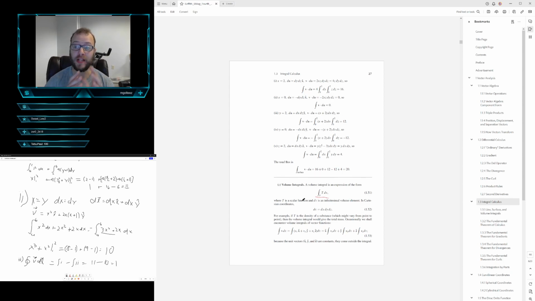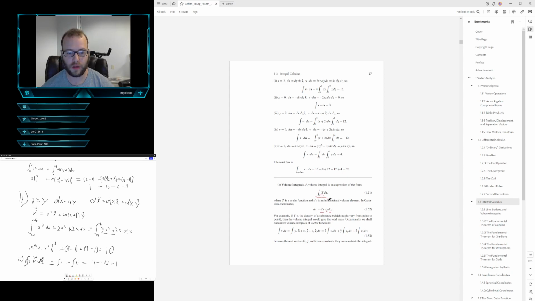So if the mass is changing, some non-homogeneous fluid or something like that, then this is solved like any other volume integral. You have your function, and you just integrate over x, y, and z. It's a triple integral. It's very straightforward.